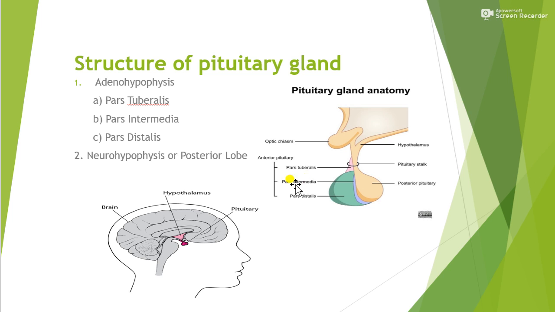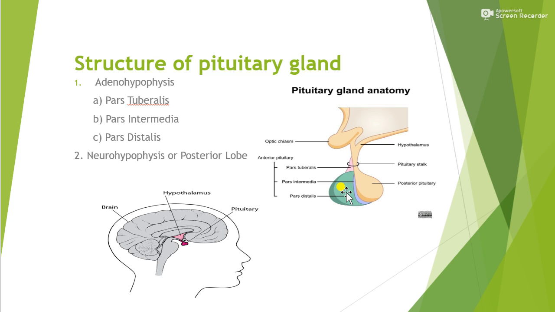Now we see the next part of the adenohypophysis, that is pars distalis. Look at this, pars distalis. It forms about 75% of the hypophysis. The cells in the pars distalis are arranged mainly in cords. On the basis of staining properties, three types of cells are distinguished: acidophils, basophils, and chromophobes.